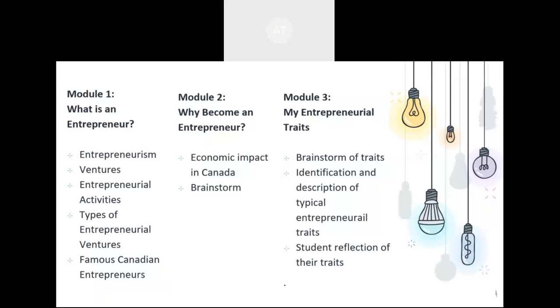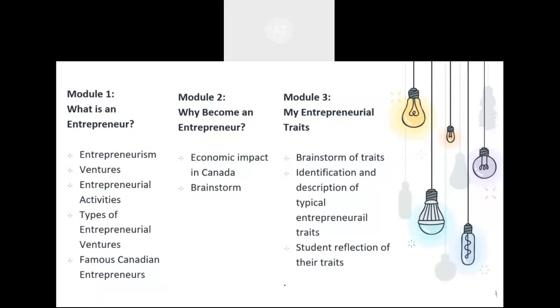Module 1 provides some key terms and concepts related to entrepreneurialism. Module 2 is a bit shorter, and it focuses on the reasons people run their own businesses and the economic impact of entrepreneurialism in Canada. Module 3 starts with students brainstorming characteristics and skills of entrepreneurs.